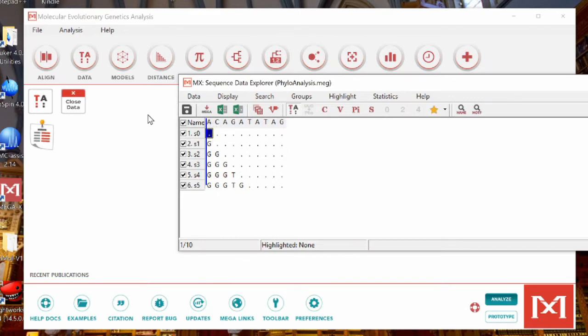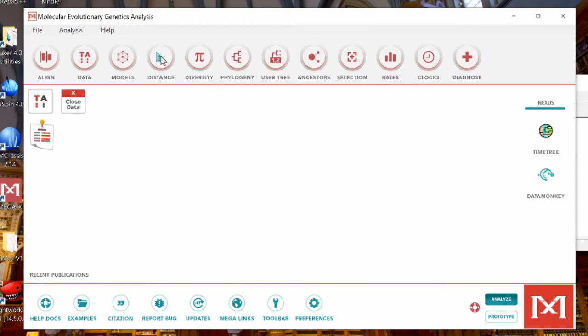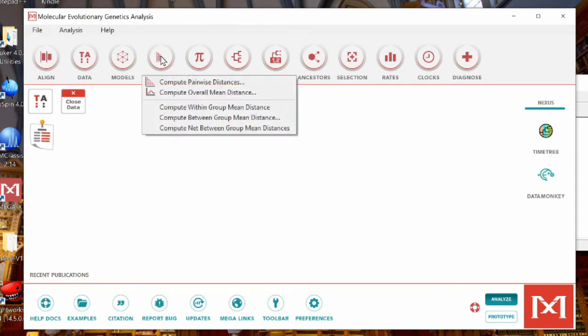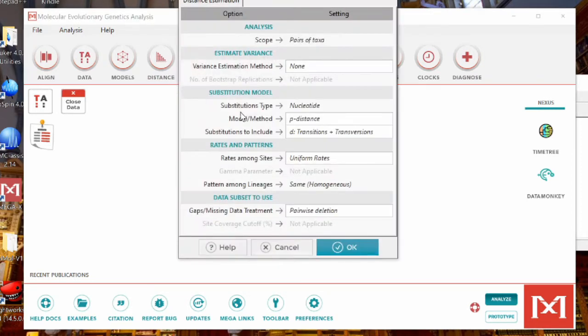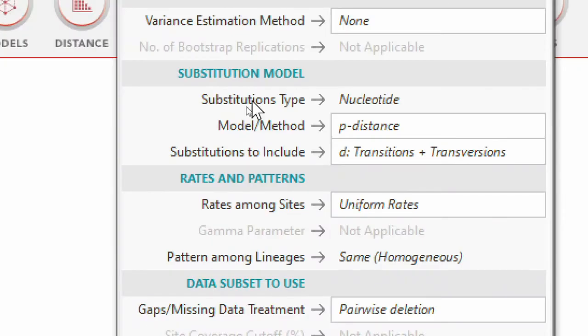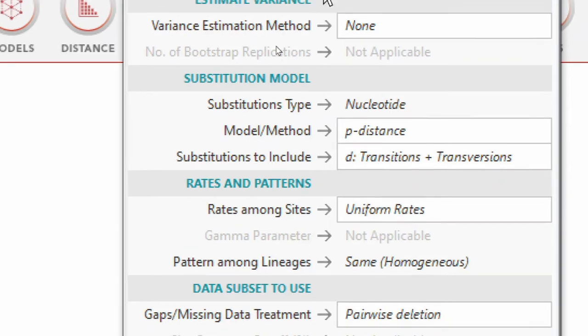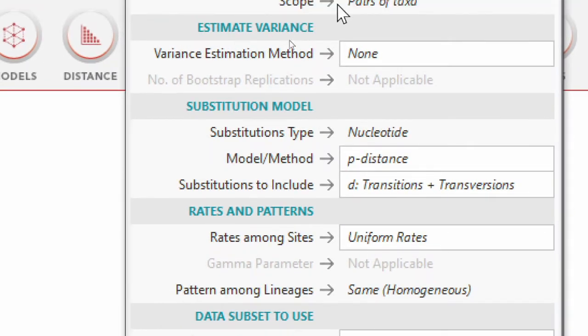All right, good. Let me start with the distance, the genetic distance between them, and we compute pairwise distances. So I click here. Now I can look at the options we have here. The scope is pair of taxa.